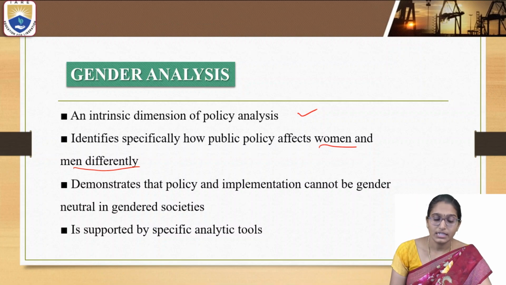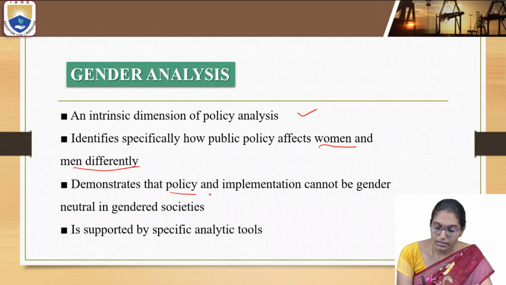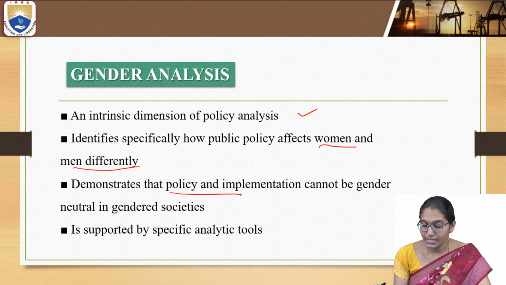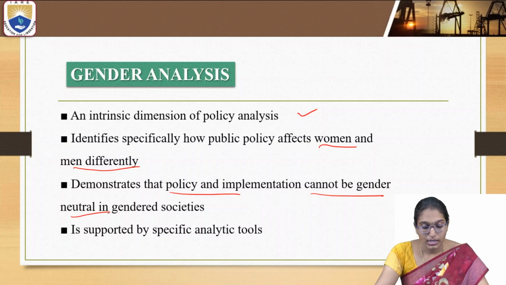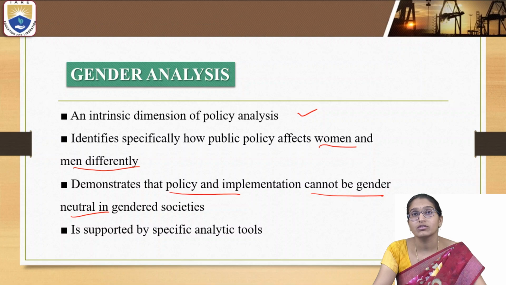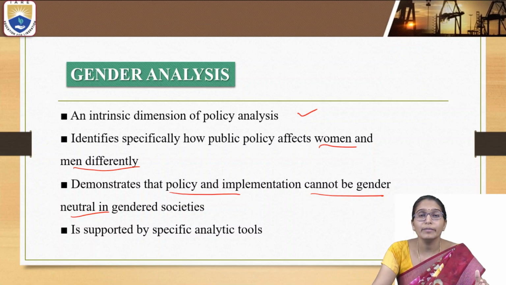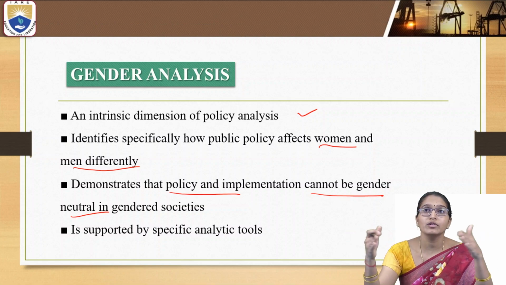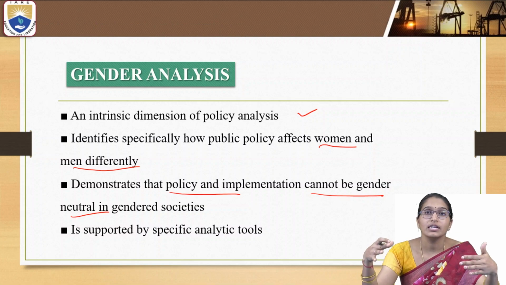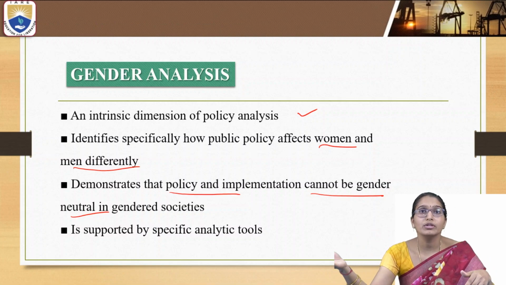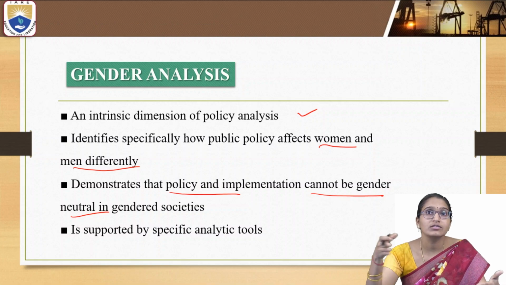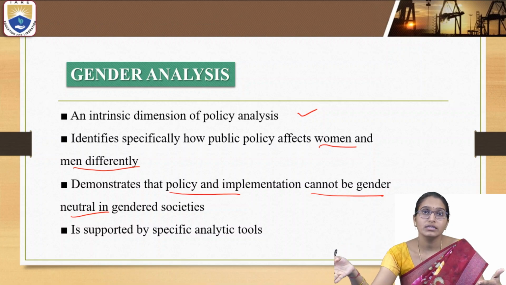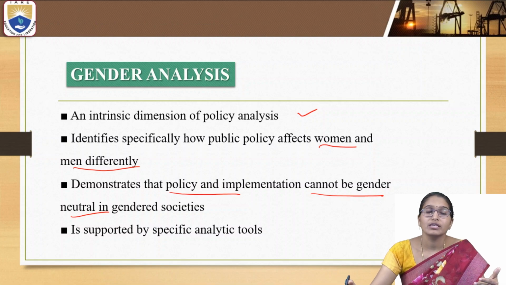Gender analysis demonstrates that policy and implementation cannot be gender neutral in a gendered society. This says that implementation is not possible in both ways equally. If you have to bring about women's empowerment, then you have to look at the pros and cons, and at the effect on the other gender.